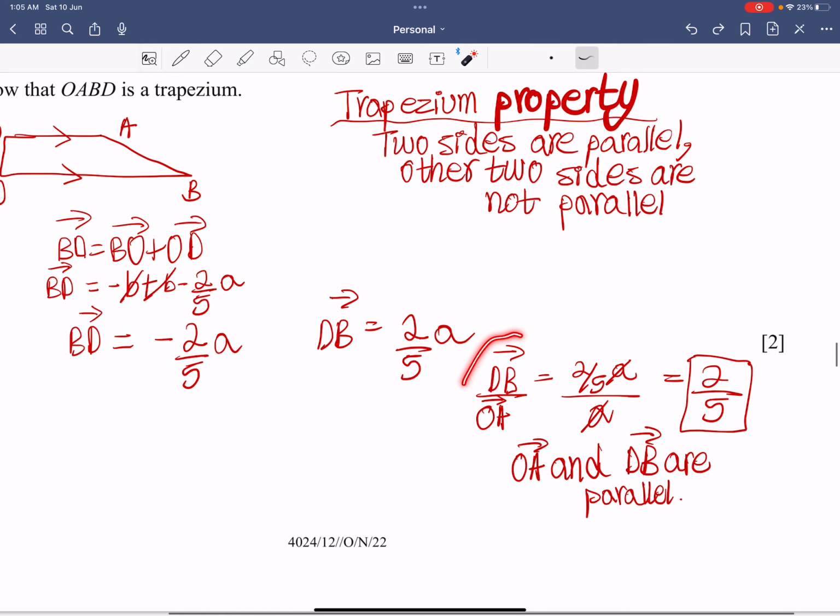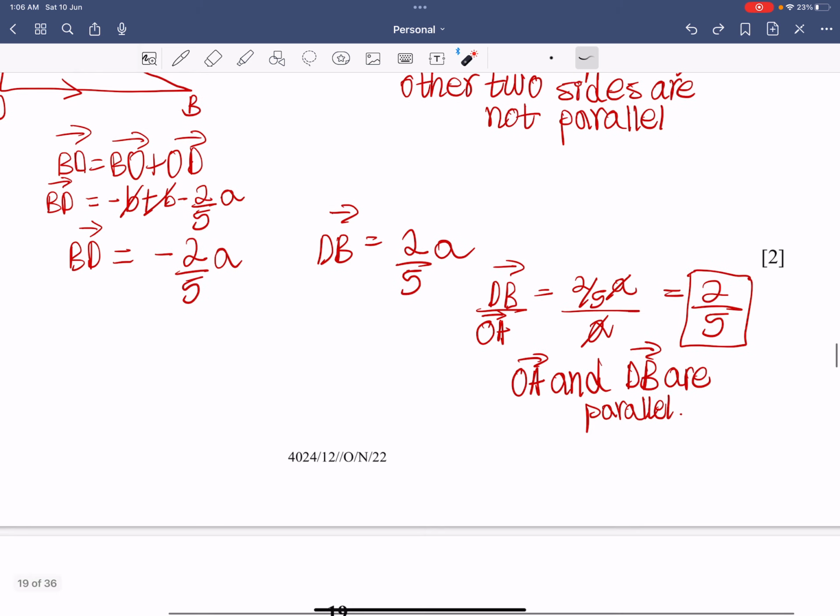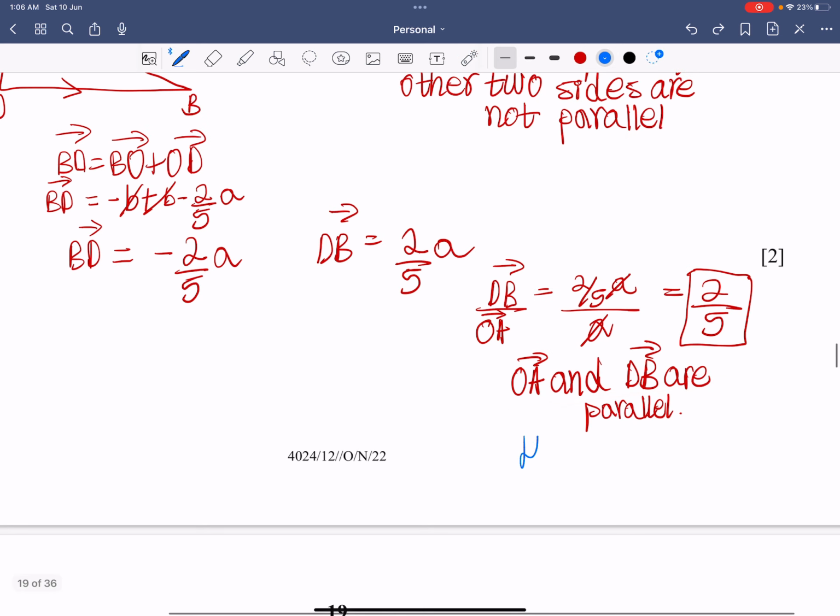We'll just simply multiply these vectors. Since they are parallel vectors, they will be in the same ratio, and I was correct, 2/5. Because they're in the same ratio, this proves that OA and DB are parallel. Hence this is a trapezium. So this is solved.